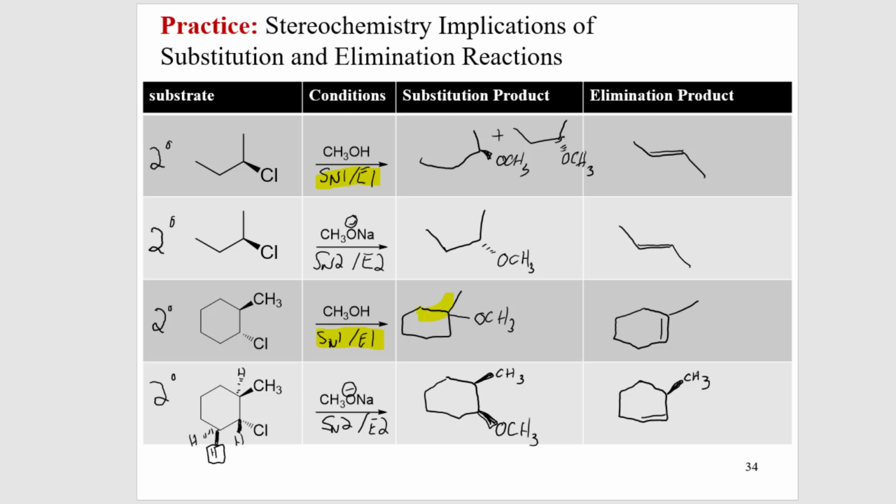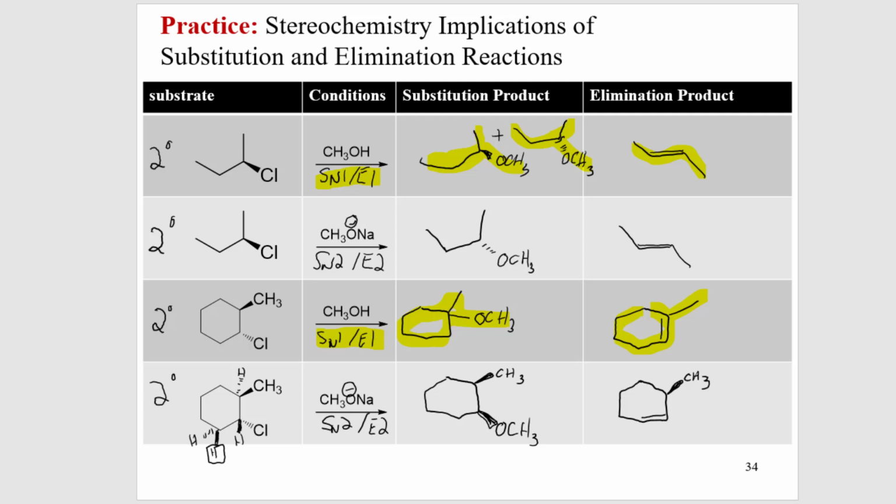You're going to get a true mixture of SN1 and E1 products. So in the first and third scenarios, you're going to get a mixture of those substitution and elimination products because it's very tough to favor SN1 over E1 because they're the exact same conditions. However, there are differences between SN2 and E2.